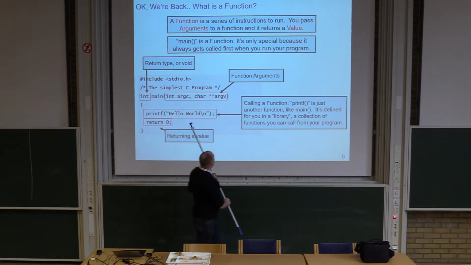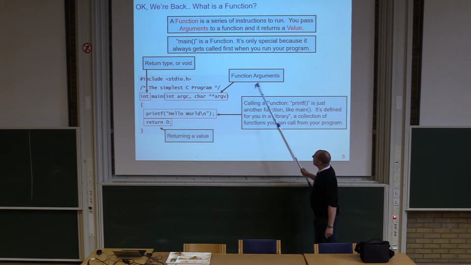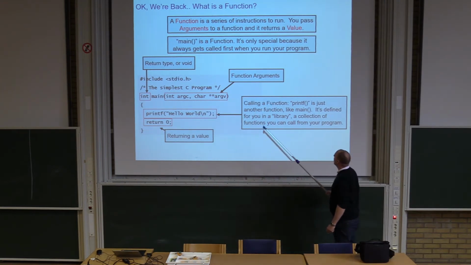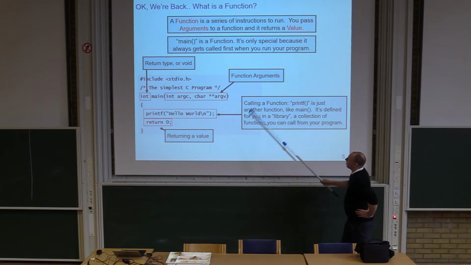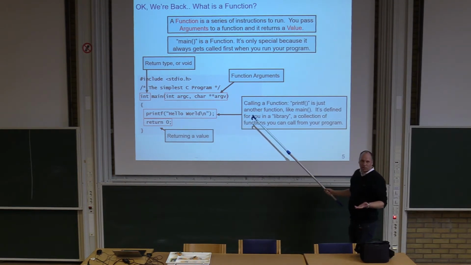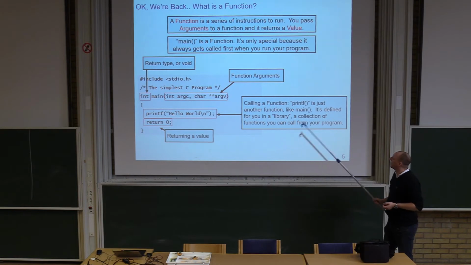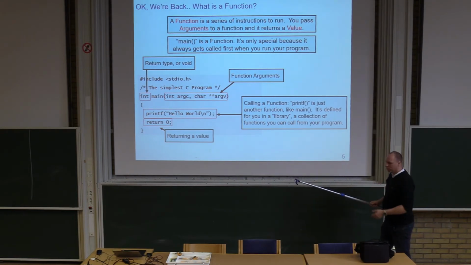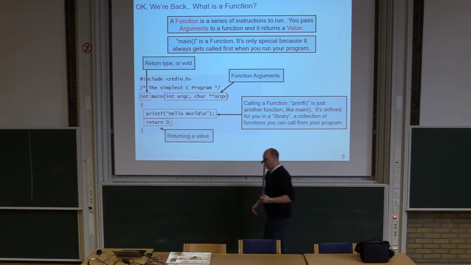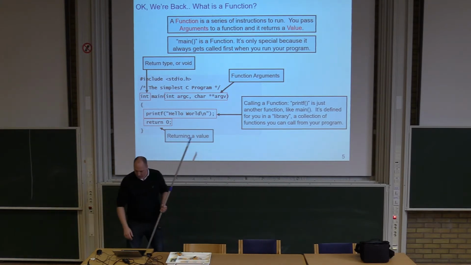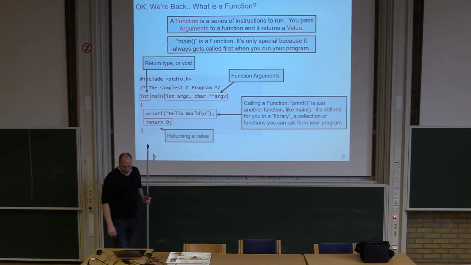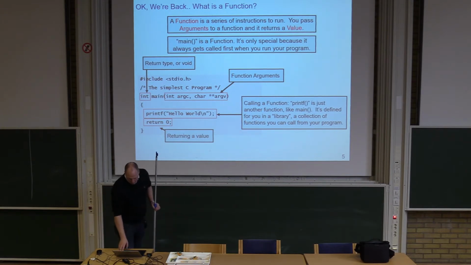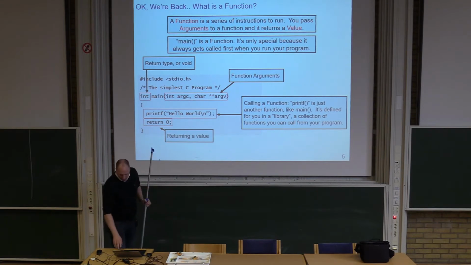And in this case, these are the function arguments, as I mentioned, and printf to print out here is just another function that you call from this main function that then has code for actually printing out something on the screen. And then you return the value with the keyword return here. And then you're done with the function.